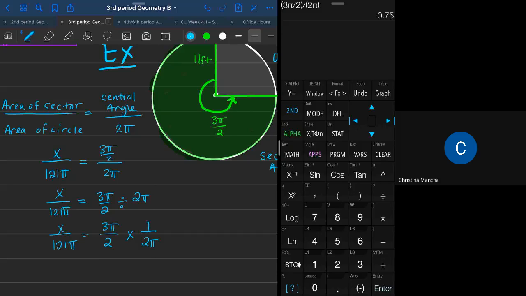And so your pi's cancel each other out, and you're left with 3 times 1, which gives 3, and 2 times 2, which gives 4. And 3 divided by 4 is 0.75.